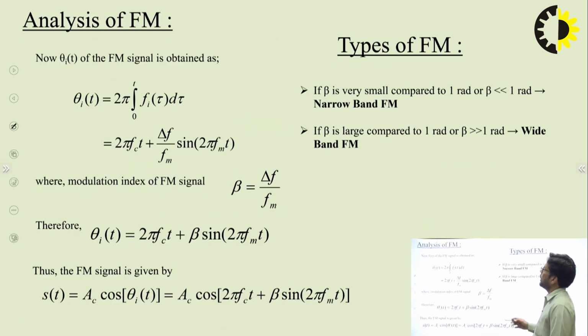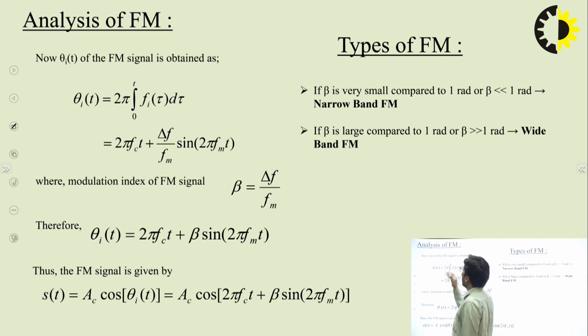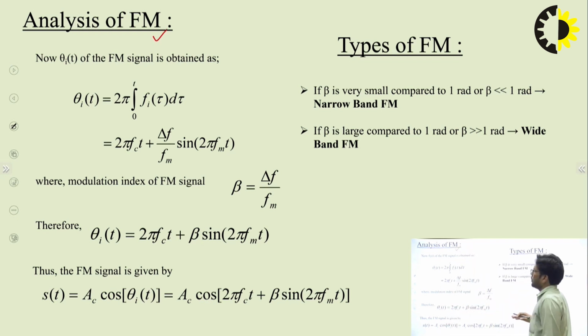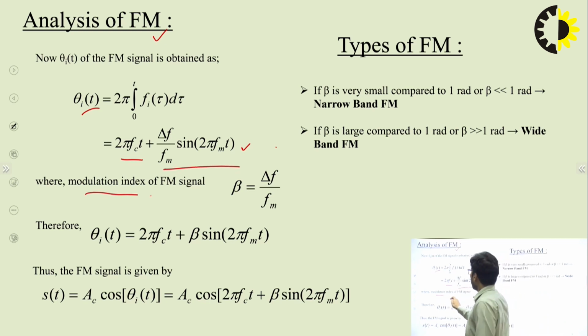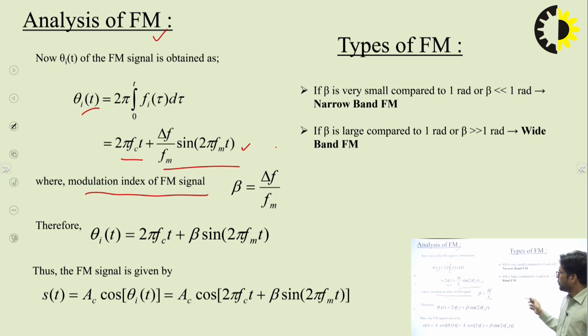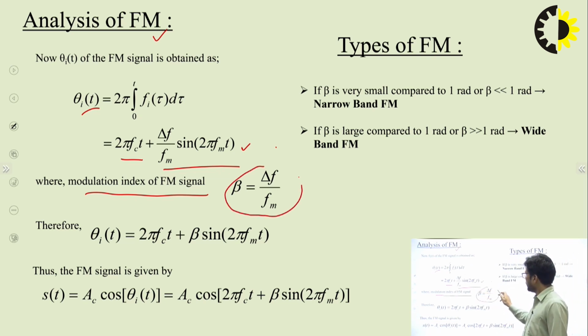Now we will do the analysis of the FM, right? This equation we already have discussed in the last slide. Theta i is the instantaneous value of the angle of the modulated signal, where theta i is equal to 2 pi f_c t plus beta sine 2 pi f_m t. Beta is the modulation index of the FM signal, as we have already told you, and it is represented by delta f over f_m.